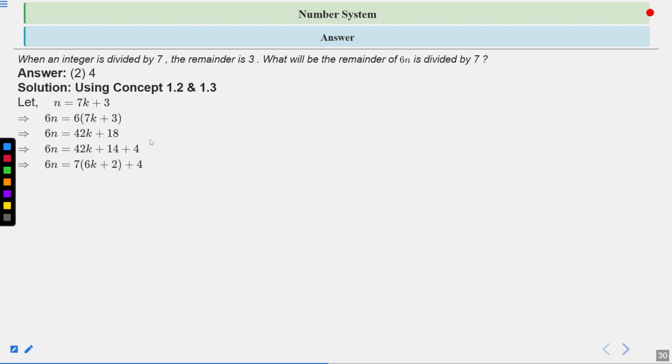So 6n equals 7 times 6k plus 2, plus 4, taking 7 common. Now we know that this is a multiple of 7, so when 6n is divided by 7, we get the remainder as 4. So the second one is the correct answer of this question. Next one.